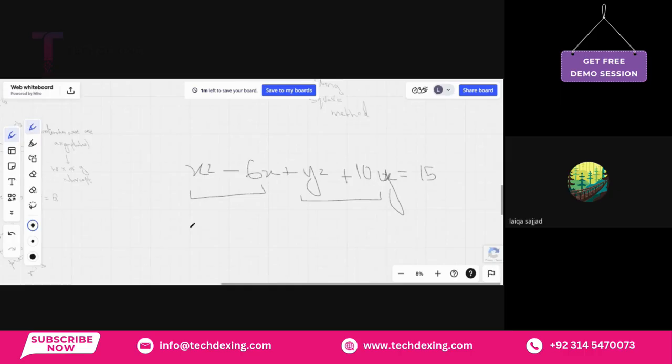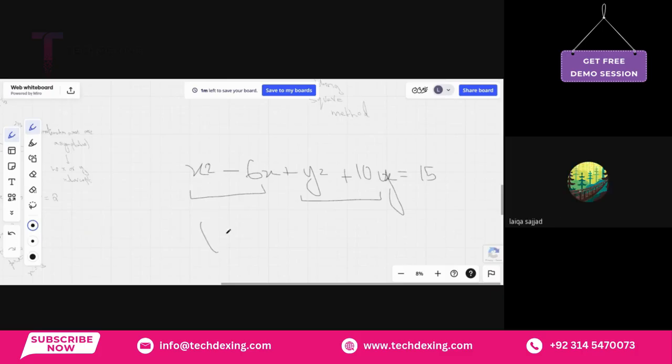How do we complete the square? If I want to complete the square for these two terms, what would it be? It'll be x minus 3, the whole square. Very good.